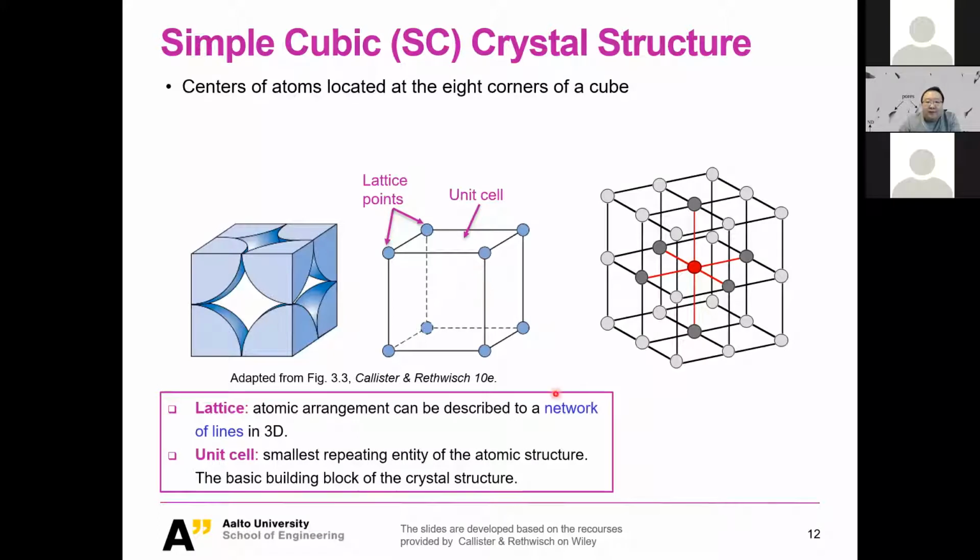As you can see, the first question I'm going to ask you is about the centers of atoms located here. Basically, one atom is not belonging to one unit cell. It is actually belonging to 8 unit cells.